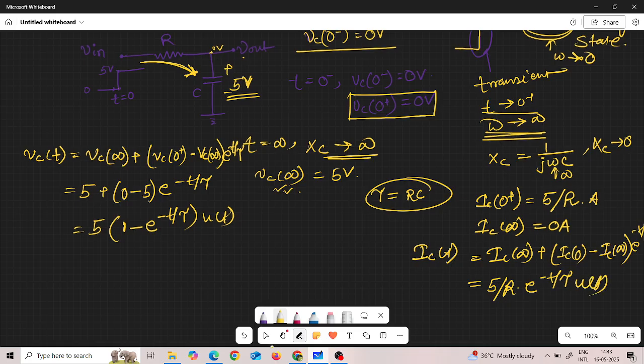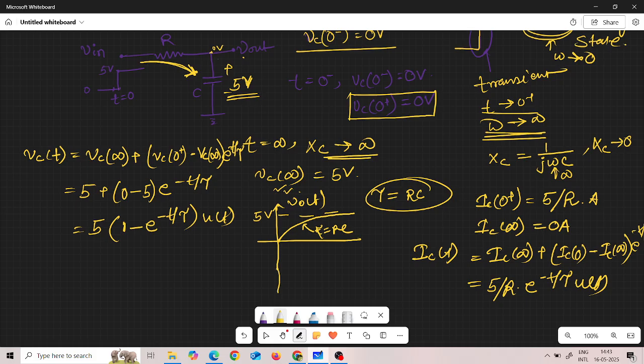Now how does the waveform look? So this is the waveform of the output voltage Vout. It will increase like this, where the time constant tau is equal to RC, and at steady state it will reach 5 volt.